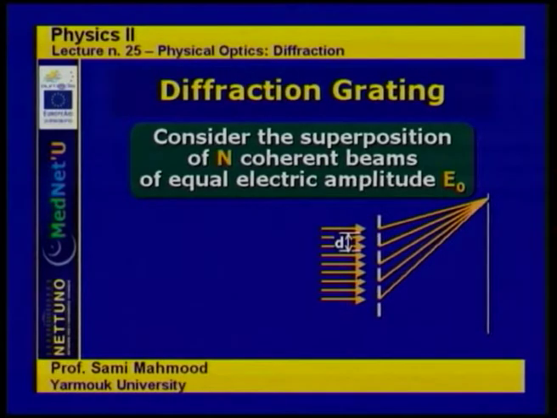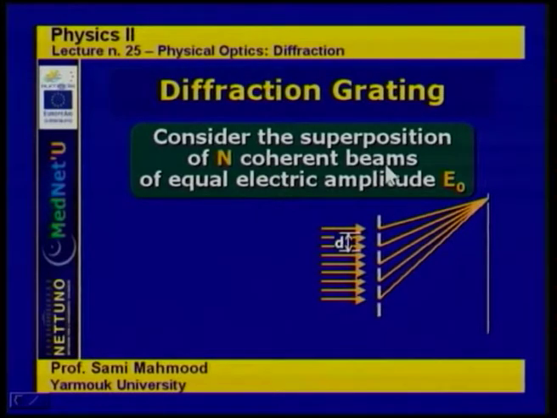So consider, for example, that we have such a sheet with N different slits. So we have capital N different sources, and we consider that these sources are coherent because they produce point sources from the same wavefront.